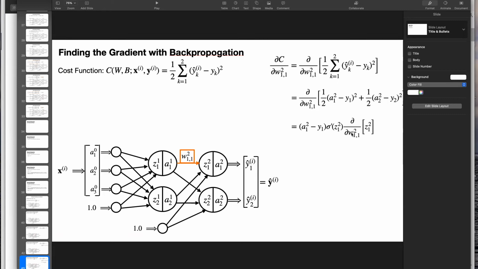So then what's going on here? Well, derivative of the outside is 2 times a half, right? Chain rule, very important, times the derivative of the inside. The inside, the only thing that is a function of W11 is A1 right there. But A1 is the sigmoid function applied to Z, right? So the derivative of A1 is sigmoid prime of Z. Does that make sense?